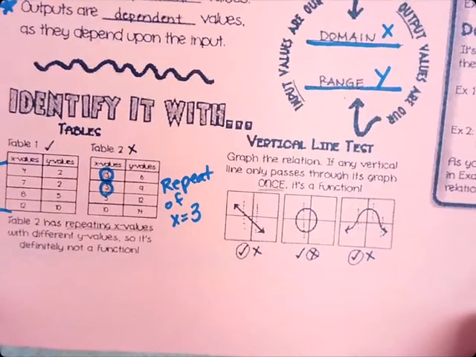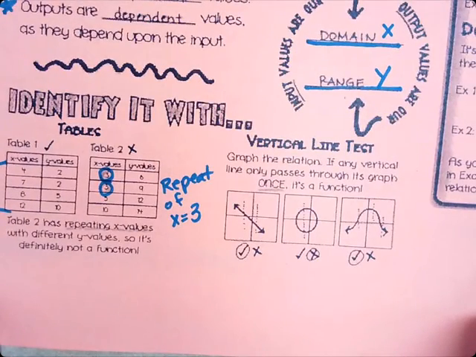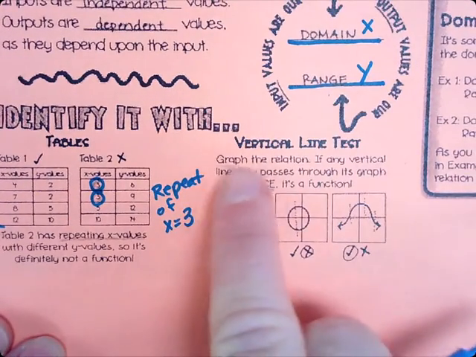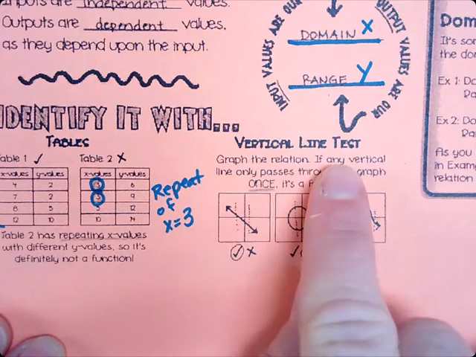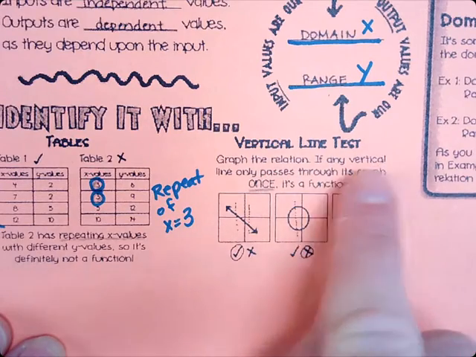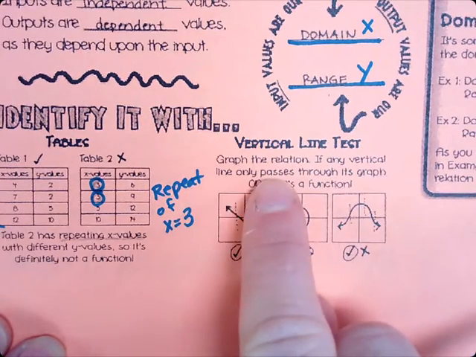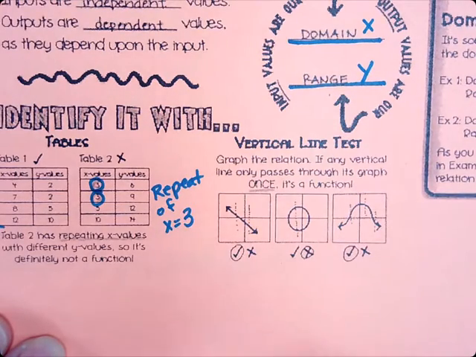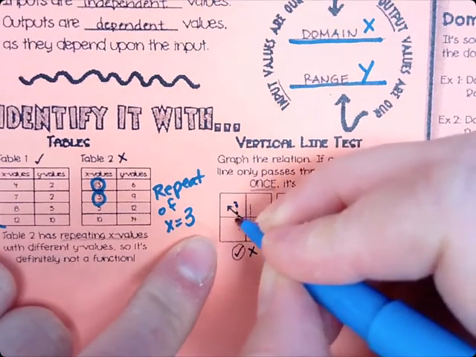Vertical line test, or pencil test. Y'all remember that? The pencil test? Vertical line test: when a relation is graphed, what you look for is a vertical line that only passes through the graph once. If it passes through more than once, then it's not a function. See how there are vertical lines right here?